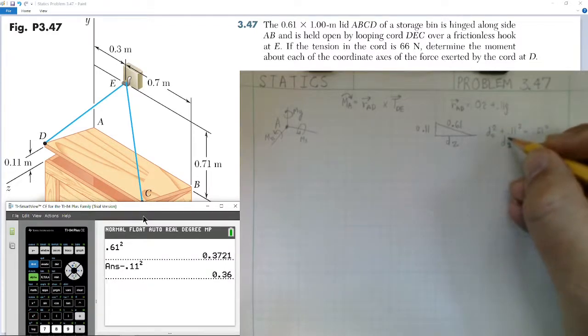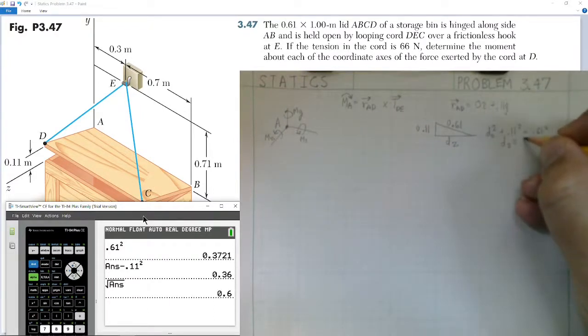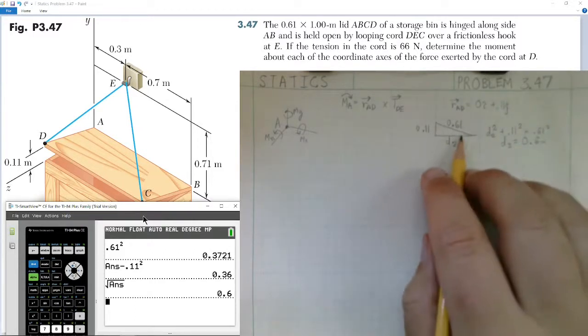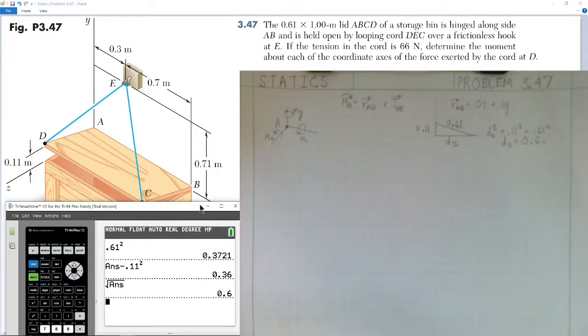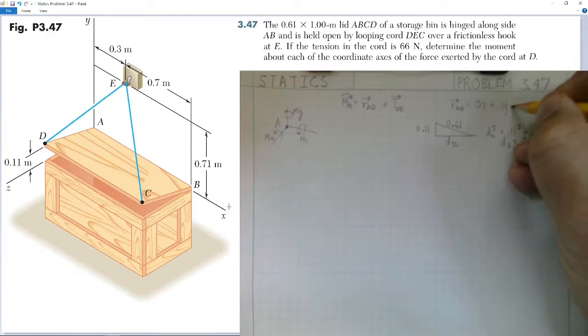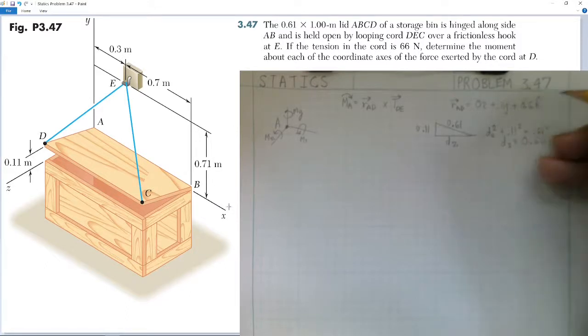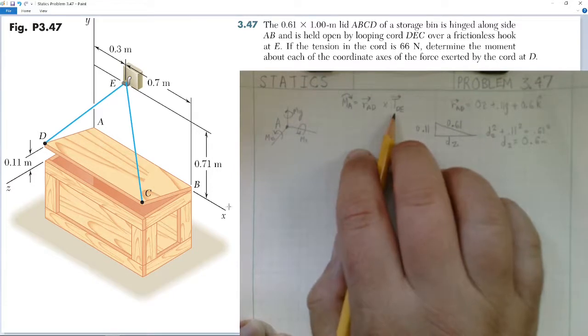Now this is a squared term, so we take the square root, and we get 0.6 meters as the distance along the z-axis for the opening of the lid. Okay, good to know. So our component here would be coming out in the z direction, positive 0.6 in the k-hat direction.